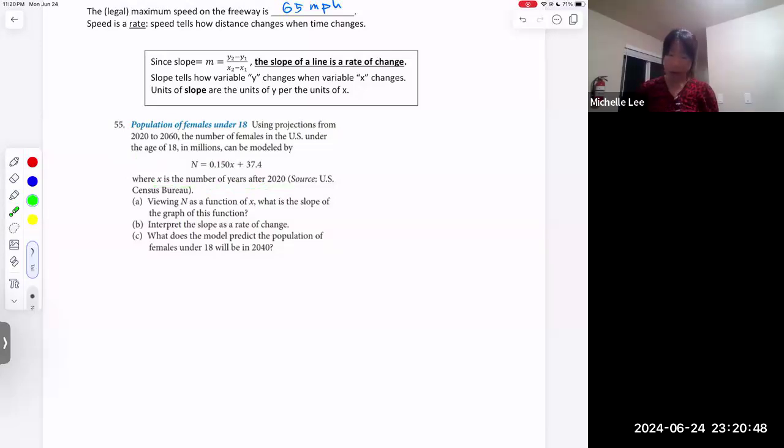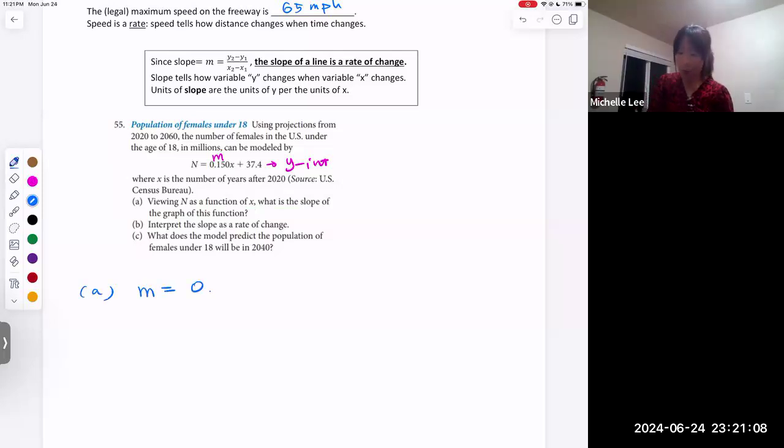So the first one, N as a function of x. What is the slope of the graph of this function? So we know this is the slope, and this is the y-intercept, right? The slope is 0.150, the same as 0.15.